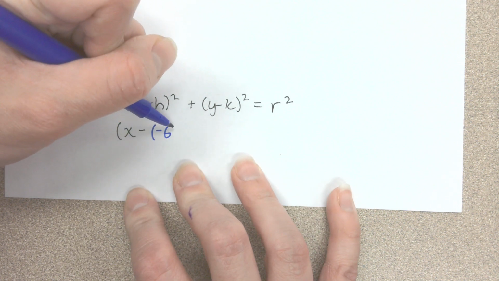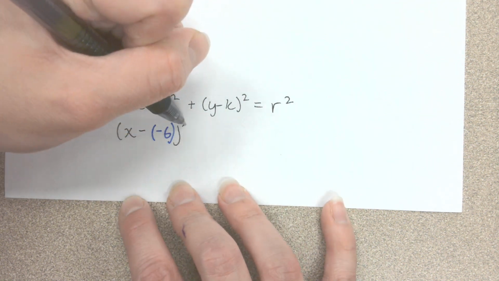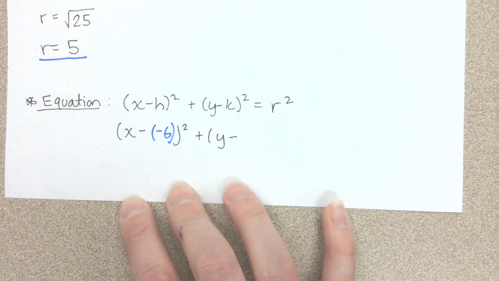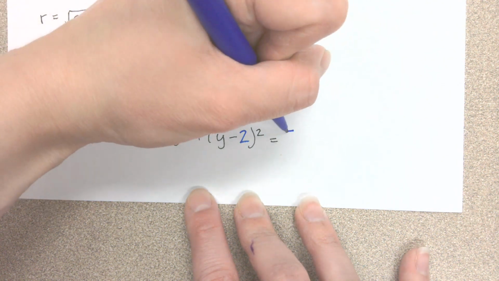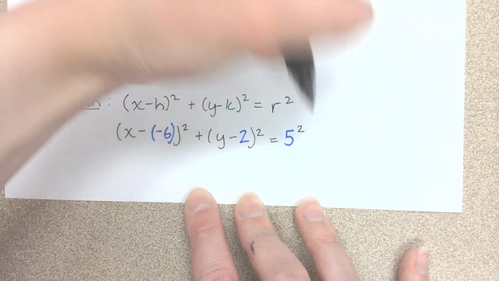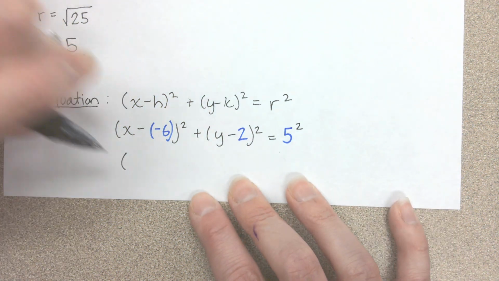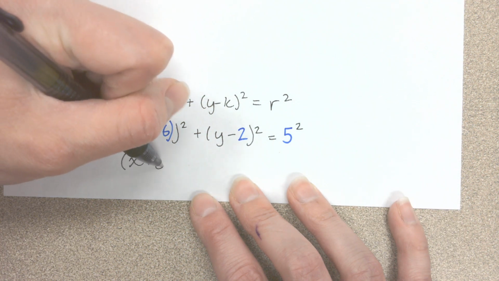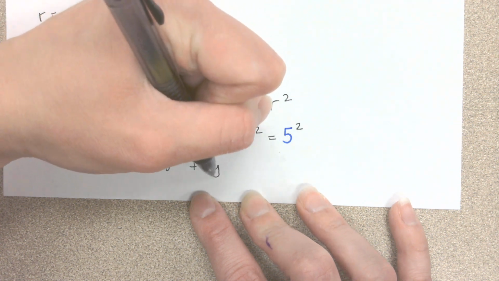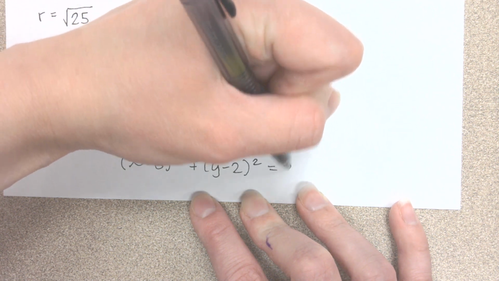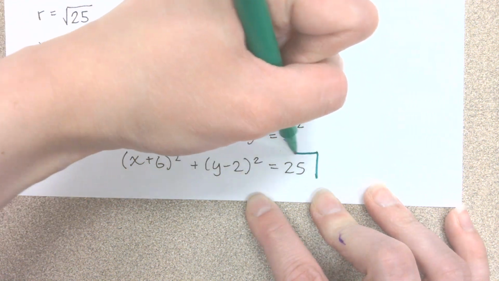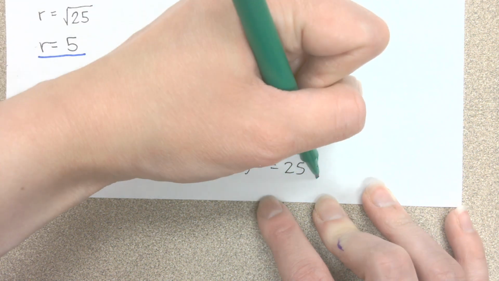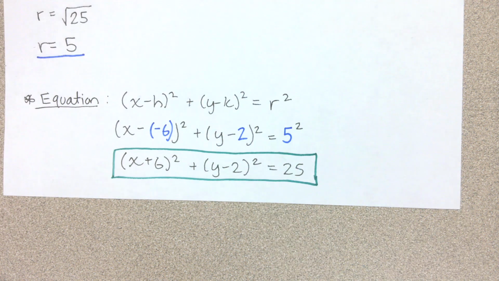So we have x minus -6 squared plus y minus 2 squared is equal to, our r was 5, so 5 squared. And then simplifying that, we have x plus 6 squared plus y minus 2 squared is equal to 25. And that is our final answer.